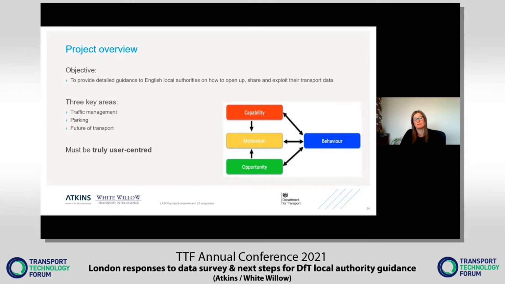If, for example, the behaviour is opening and sharing data, the capability might include having the technical skills to know what to do. The opportunity means the time and resources to do it. And the motivation is understanding how opening and sharing data is going to help them in their day job. So why would they want to share their data? On to the next slide.